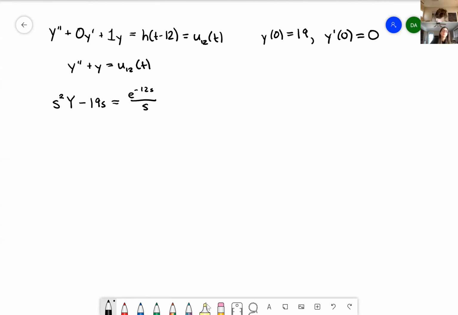Now, time to get to work. So let's see. I will move that 19s over to the other side and divide by s squared. What do I get?